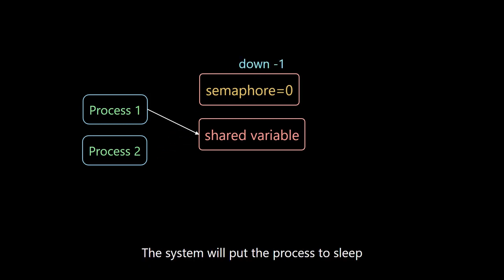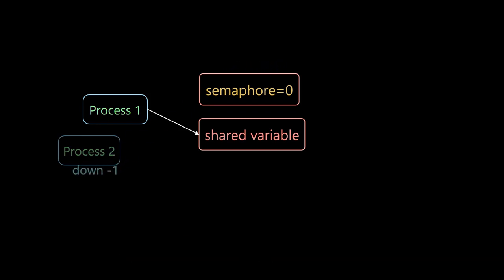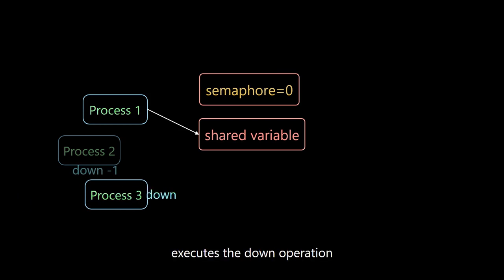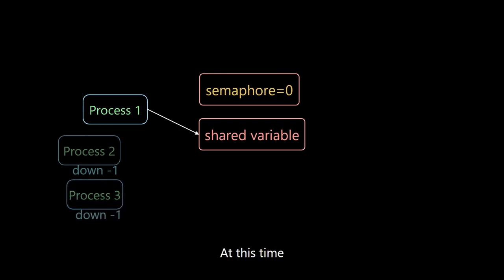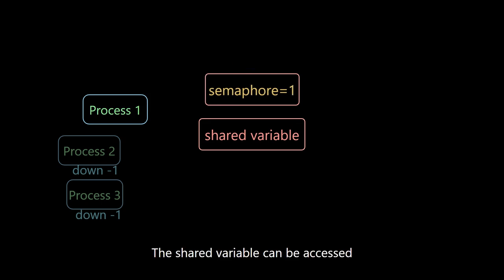The system will put the process to sleep, and the down operation is suspended. Then process 3 wants to access, executes the down operation, and is also put to sleep. At this time, process 1 finishes reading and writing, executes the up operation, and adds 1 to the semaphore to become 1. The shared variable can be accessed.